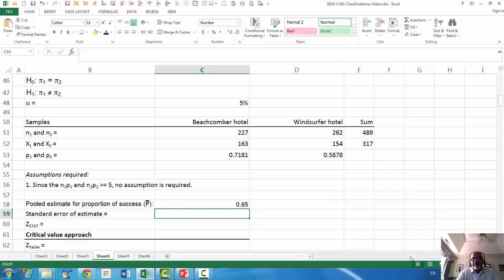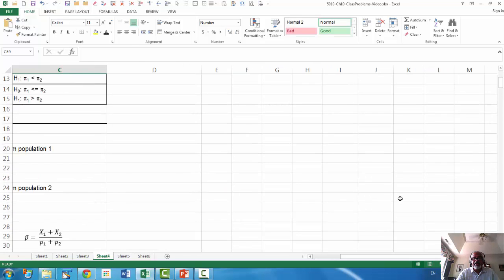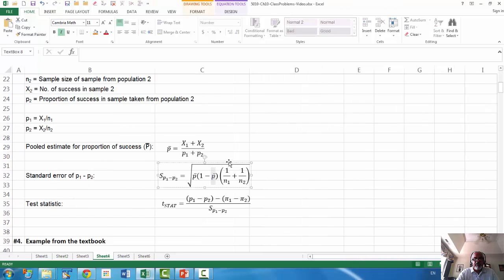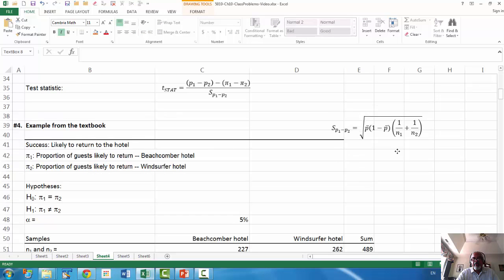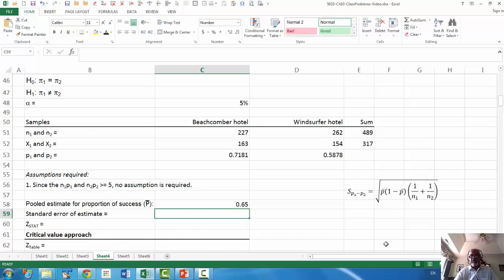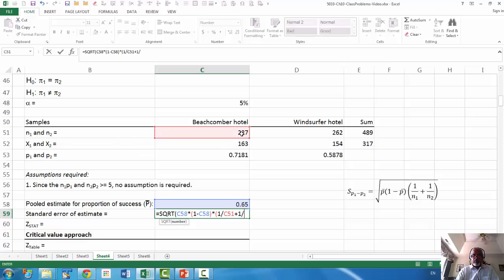Now the standard error of estimate for the test. I have the formulas given here, so let's move the formula down where we can see and set up the formula. The standard error is the square root of p bar times 1 minus p bar, times 1 over n sub 1 plus 1 over n sub 2.